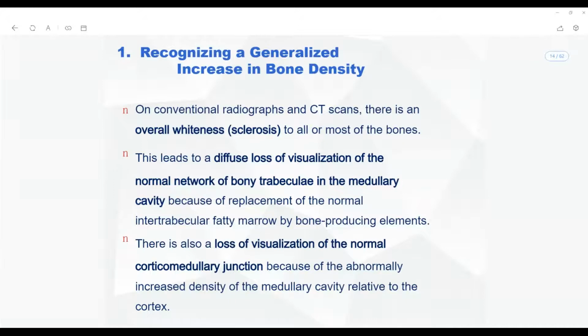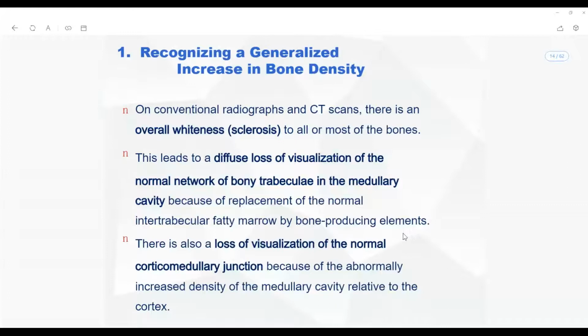Once there is an increase in a particular part of trabeculae, when that trabeculae increases in density, there will be diffuse loss of visualization of the normal network of the bony trabeculae in the medullary cavity, because of replacement of the normal intertrabecular fatty marrow by bone producing elements.